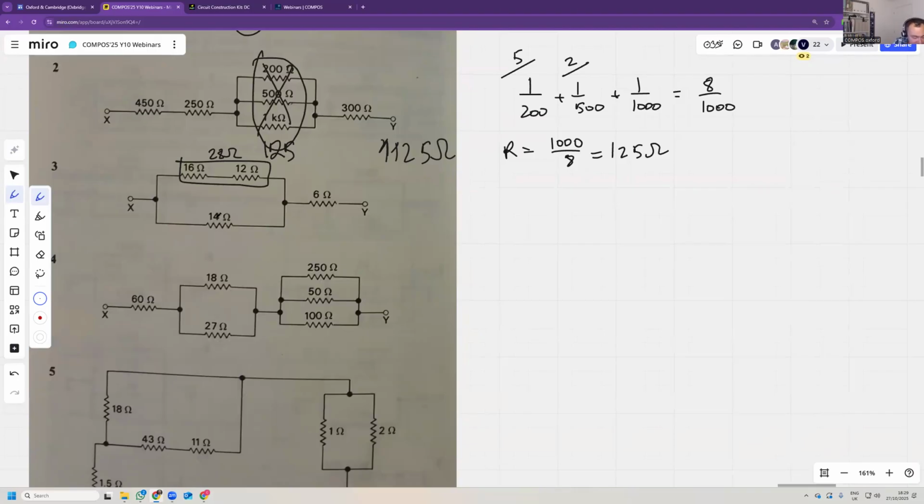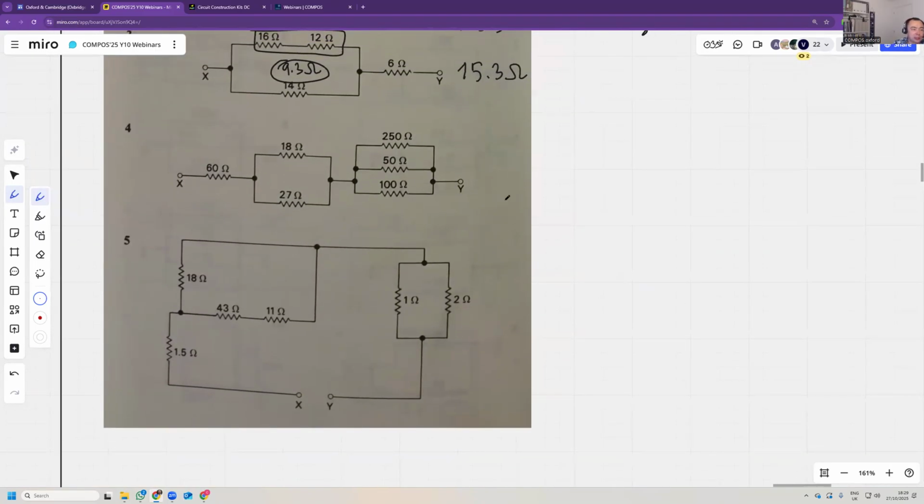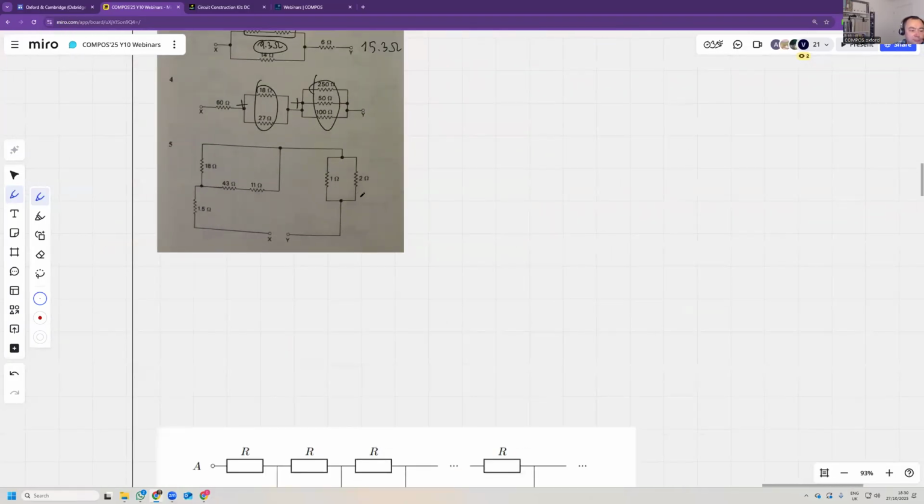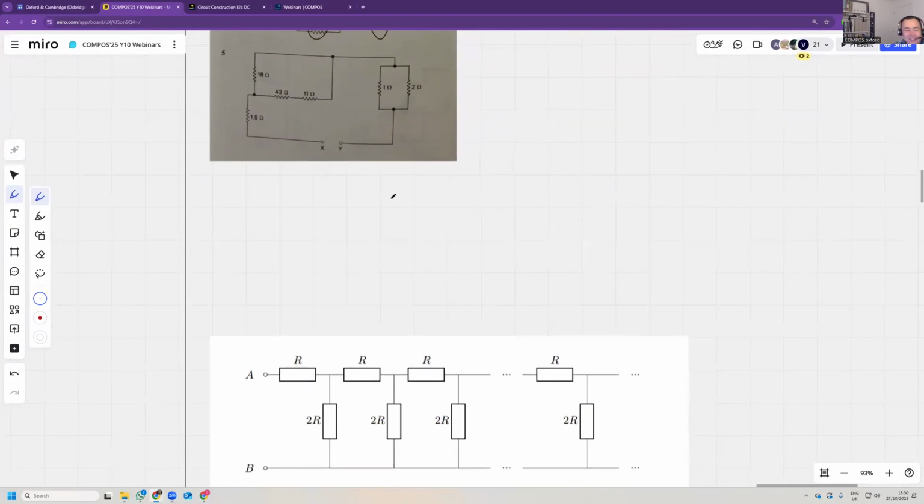So that's 9.3 ohms altogether. 9.3 plus 16, and that's 15.3 ohms. Right. In number 4, you would calculate this combination first, then this combination first, and then you just add them up because they are in parallel. Okay. I hope that makes sense.